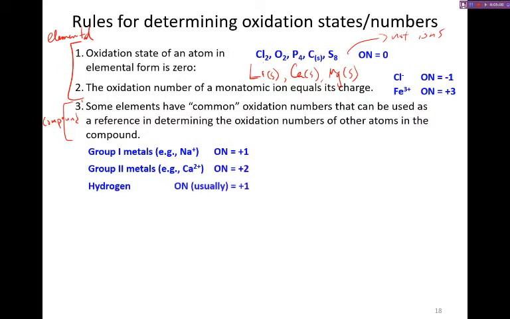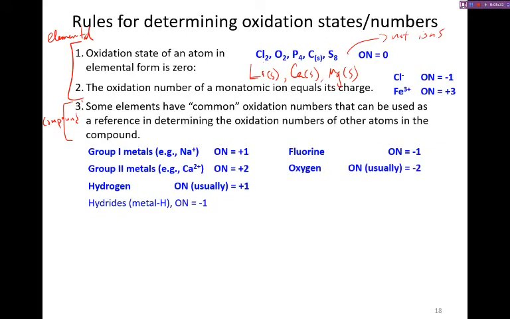Hydrogen usually is going to have an oxidation number of +1, with a couple exceptions. If you have what's called a hydride, and that's a metal bound to hydrogen, then that's going to have an oxidation number of -1. Fluorine always has an oxidation number of -1.